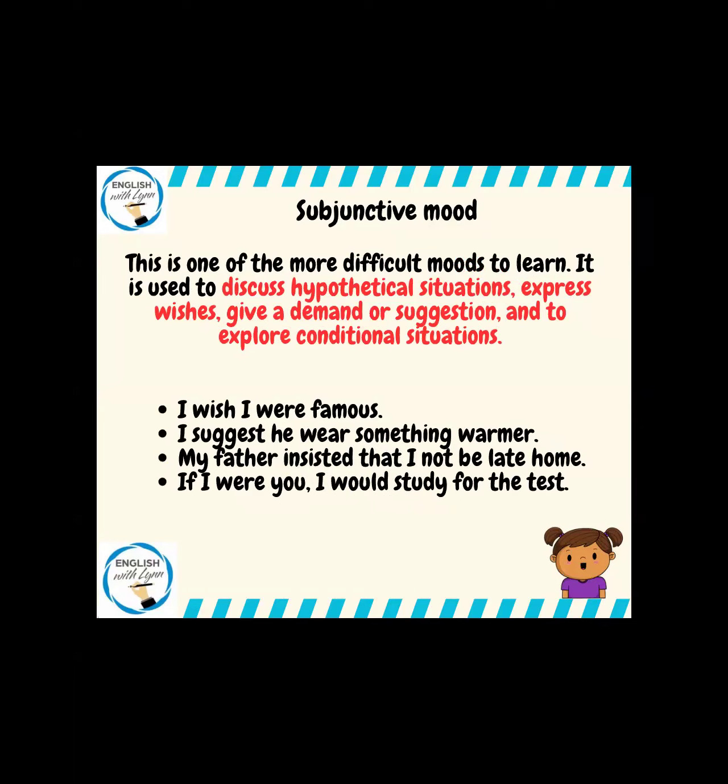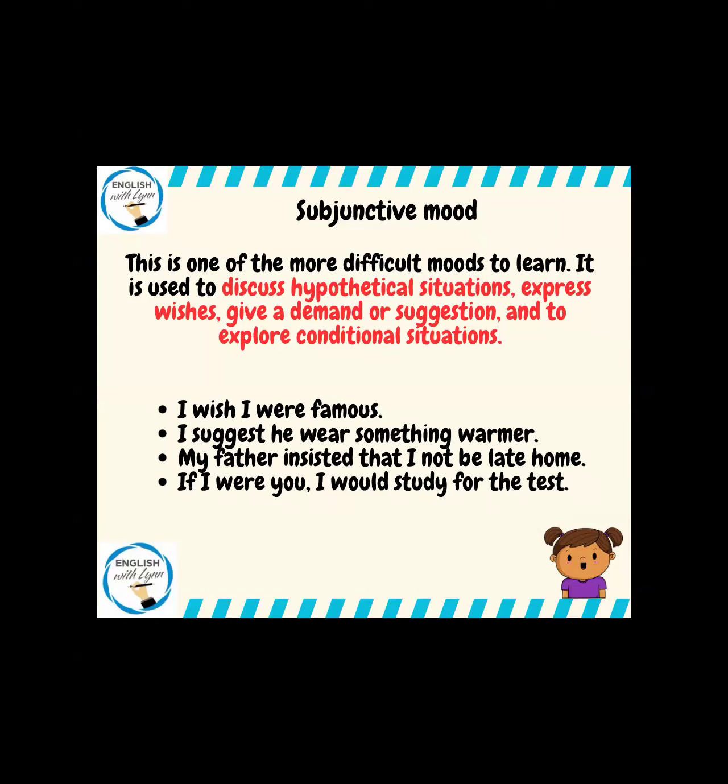And we'll speak a bit more about conditionals later on. But the first one, hypothetical, I wish I were famous. And notice how the verb changes. So if I was making a statement, I would say, I wish I was famous. Because this is subjunctive and it is like hypothetical, I have to change the verb from was to were.